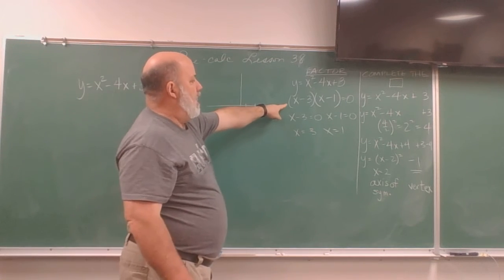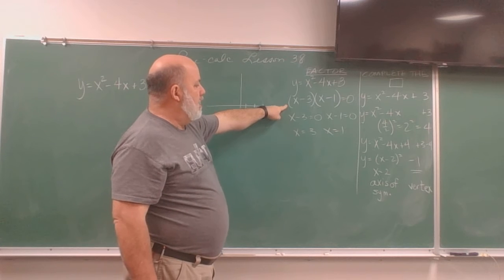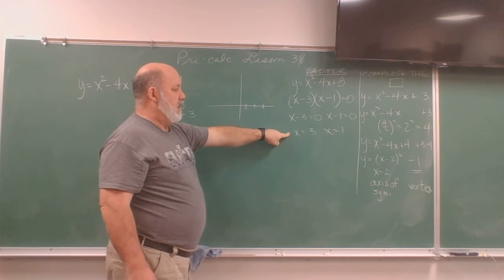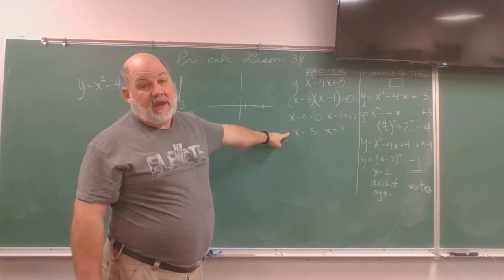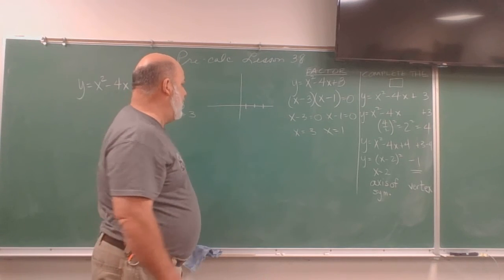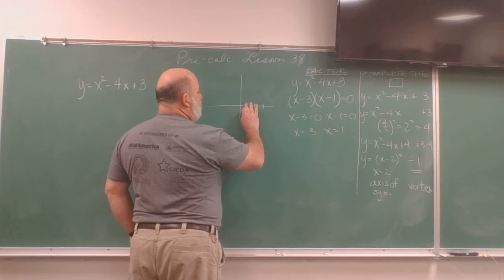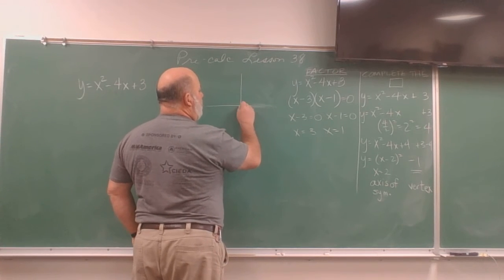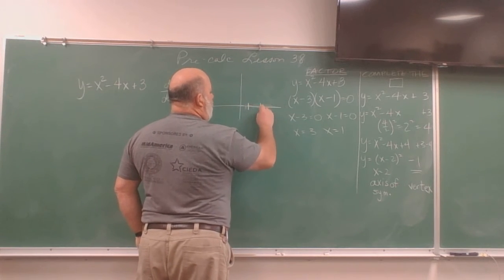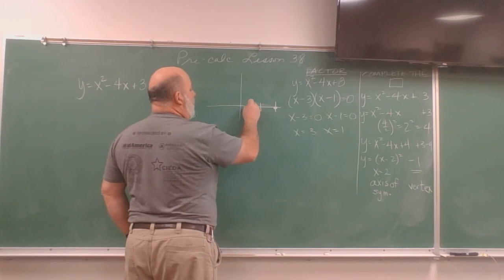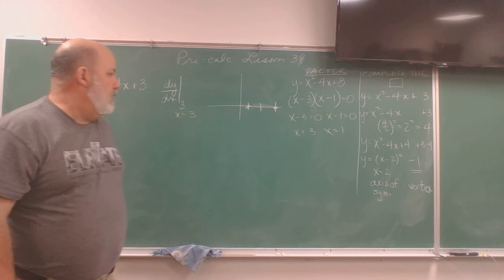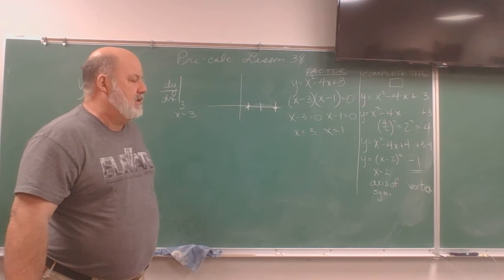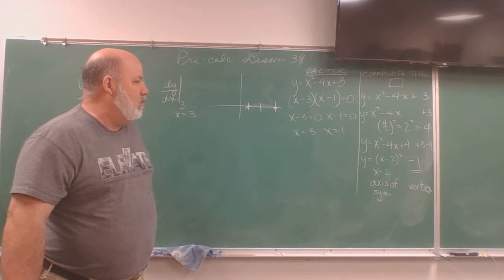I can factor it out, x minus 3, x minus 1. If I set those both equal to 0, we will get that x equals 3 and x equals 1. On a graph, I'm going to change this up a bit. I'm going to make this a little bigger. We know that our parabola will cross at those two places, x equals 1 and x equals 3.